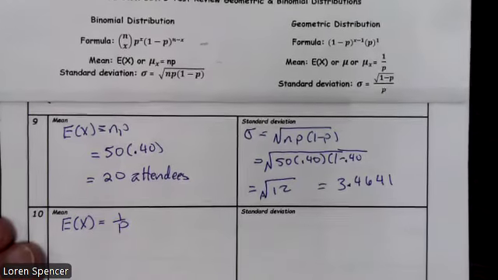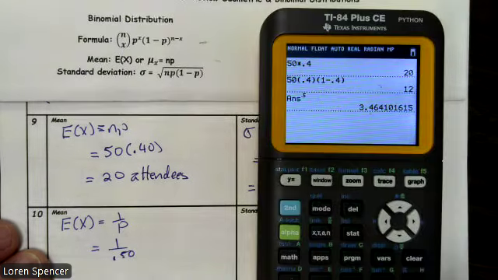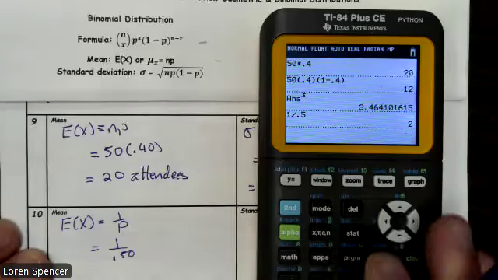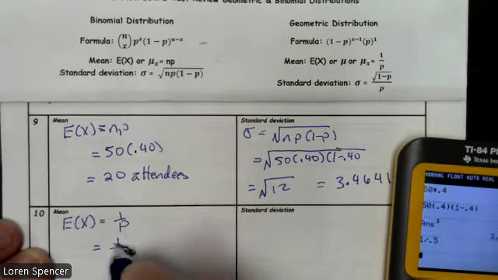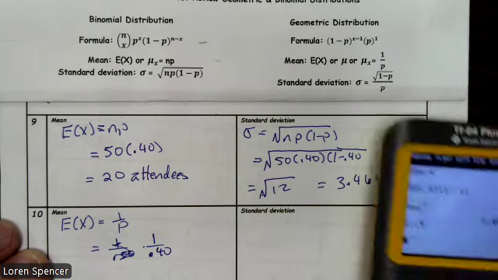1 over P is the expected value. So in this case, it's 1 over 0.50. Is 2. Oh, excuse me. 1 over 0.40.